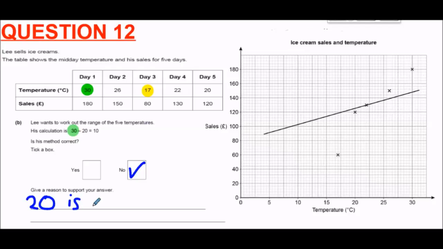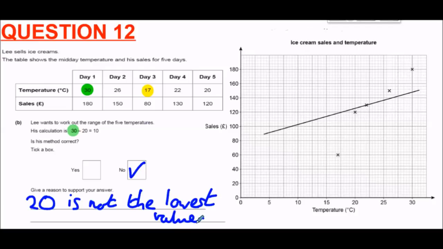So he's misplotted points. He's not done the line of best fit right, and he's worked out the range incorrectly.